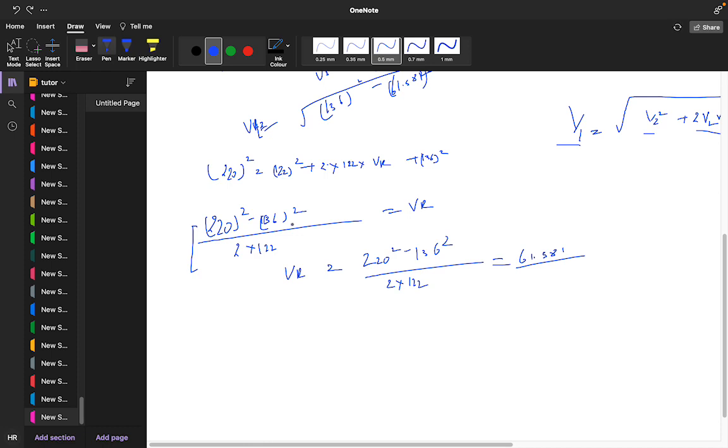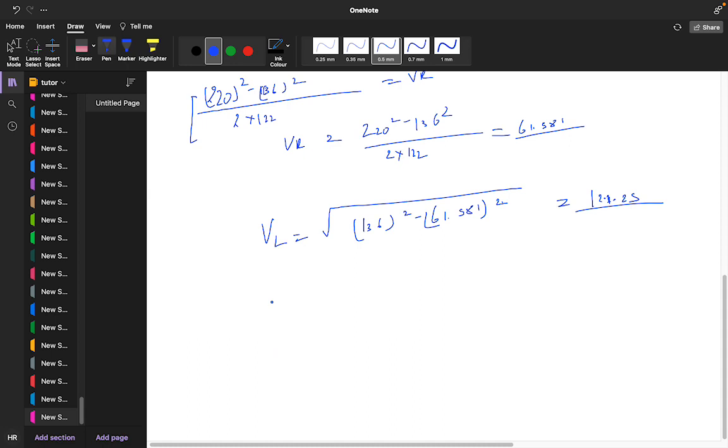So guys, what I am telling, you have VL equals root under 136 square minus 61.581 square. So what value will come? 121.25. So you got the load value.